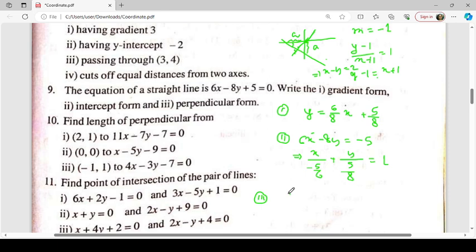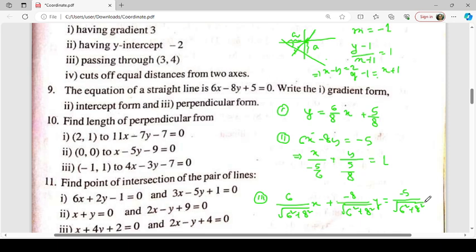So what we have: 6 by root over 6 square plus 8 square x plus minus 8 by root over 6 square plus 8 square y is equal to minus 5 by root over 6 square plus 8 square. So this is the normal form or perpendicular form.